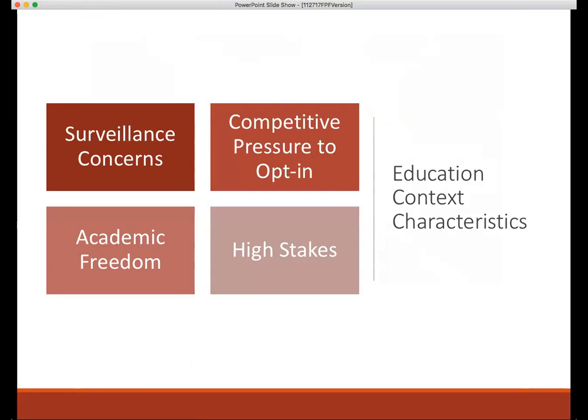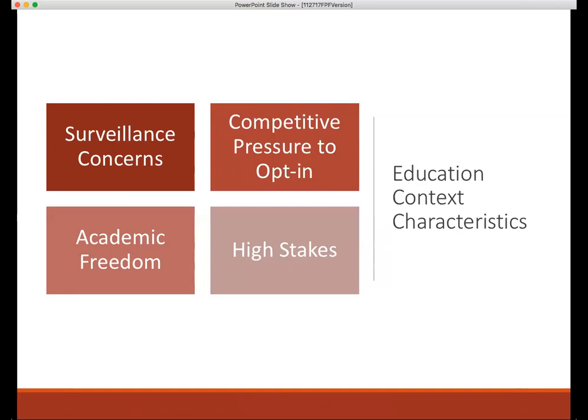People sometimes worry that knowing that they are watched will chill student expression and speech, will mean that they articulate more mainstream viewpoints, and that will undermine the academic freedom of professors to say what they want and take alternative, perhaps minority viewpoints. There's also a competitive pressure to opt in.